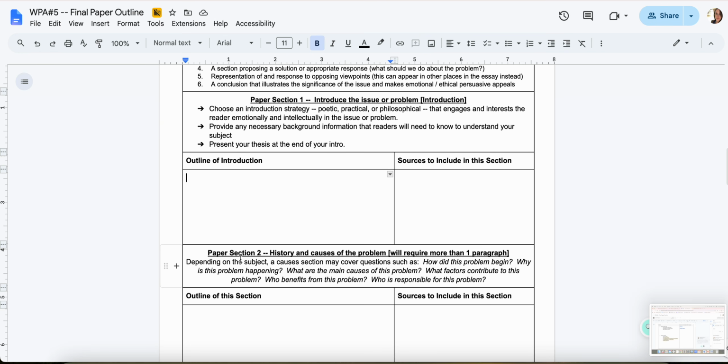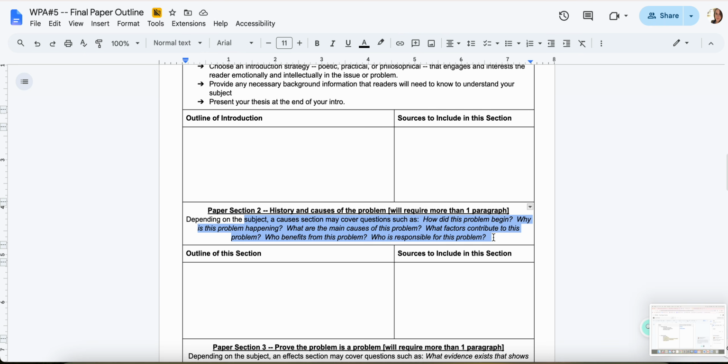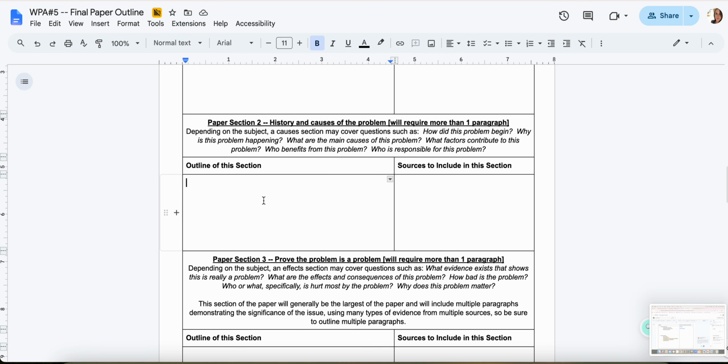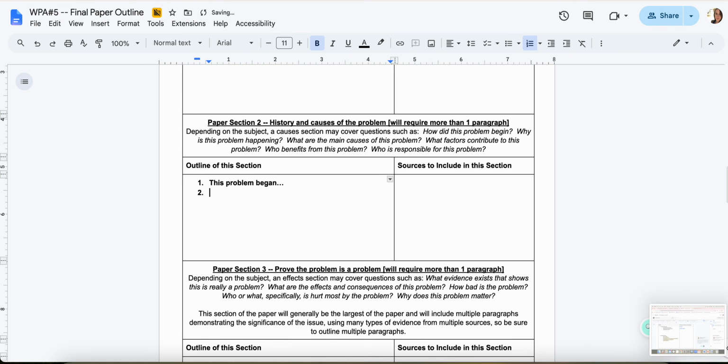The questions up here in each section should not just be answered in a row here in the outline. So what I do not want you to do is see the first question, how did this problem begin? And say, number 1, this problem began, and then answer the question. Number 2, why is this problem happening? Happening because, that is not the intention of these questions.